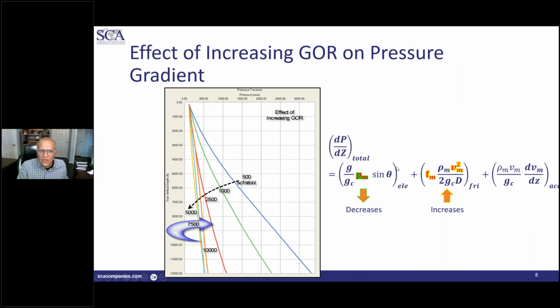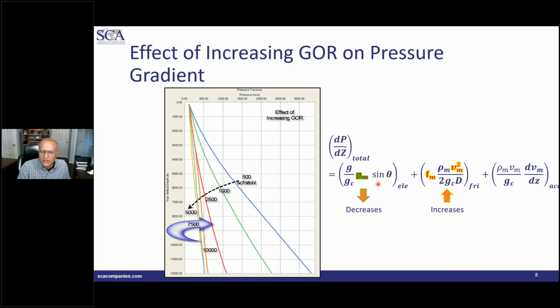By the way, we are not going to talk about a whole lot of equations, at least in this presentation. I just brought this momentum balance to emphasize again the point that was made in the previous slide, that when you take the pressure gradient in the production stream, then there are three components: elevation, friction, and acceleration.